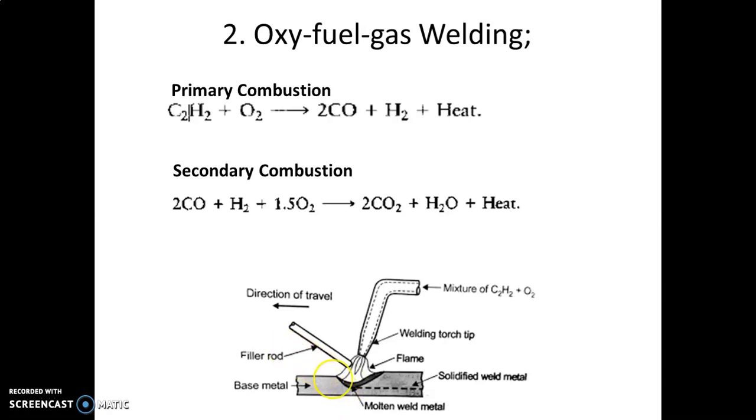Along with that, a filler rod is applied additionally. We will discuss the filler rod in the next slide. The direction of travel is represented in this diagram. So, oxyacetylene gas welding is sufficient to produce the heat to melt the weld zone.